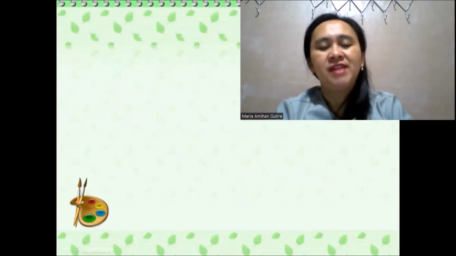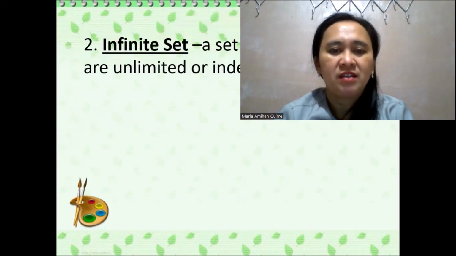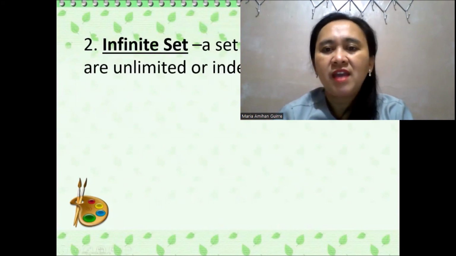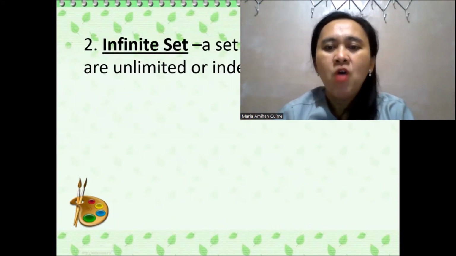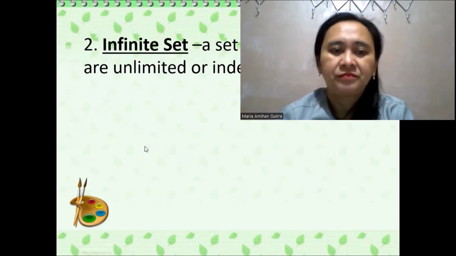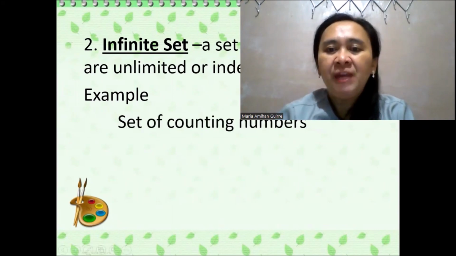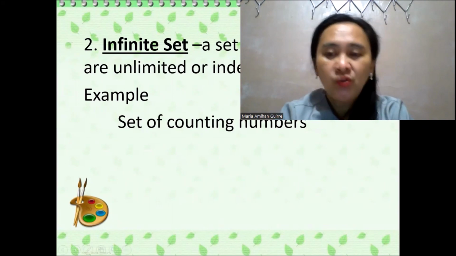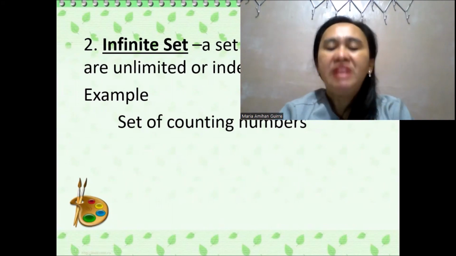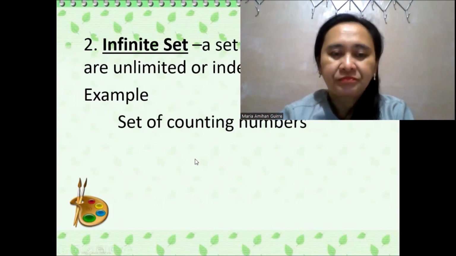Another kind of set is the infinite set. It is a set whose elements are unlimited or indeterminate. Example: the set of counting numbers. So start from 1, 2, 3 to infinite counting numbers.